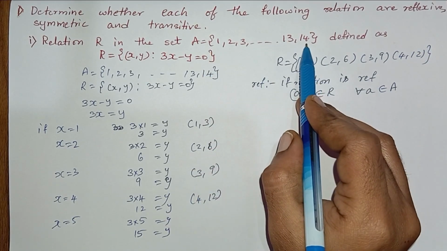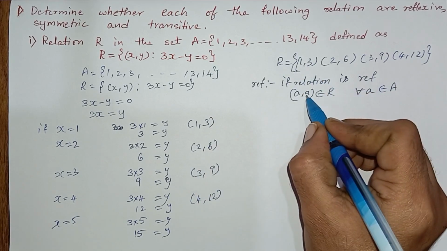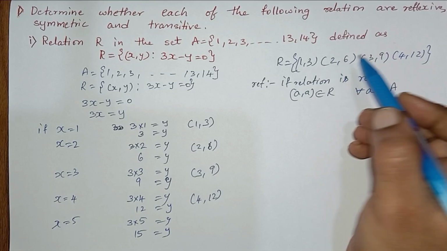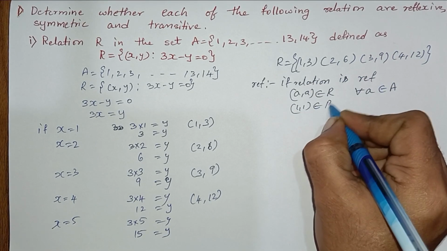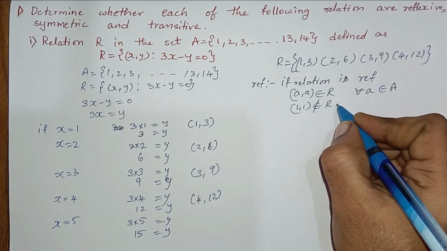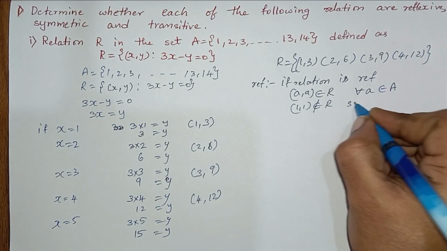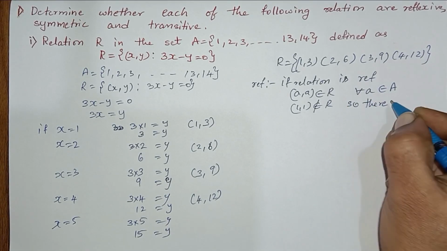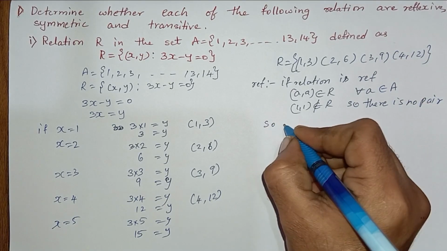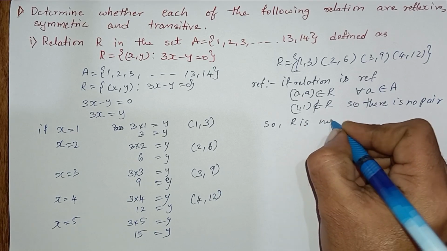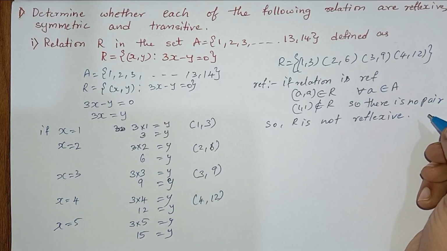Here we have elements 1 to 14, so we should have (1, 1), (2, 2), (3, 3) and so on. But we do not have (1, 1) in the relation. So (1, 1) does not belong to R. Since there is no such pair, R is not reflexive.